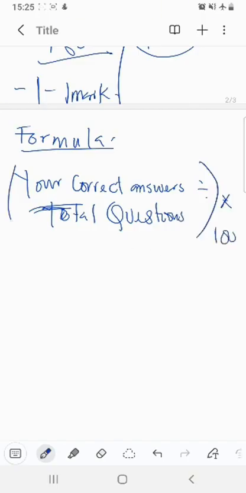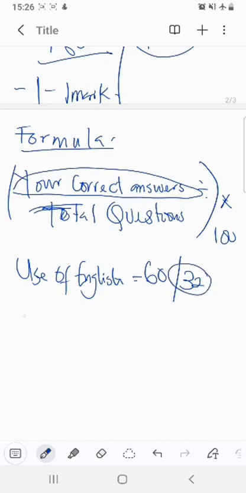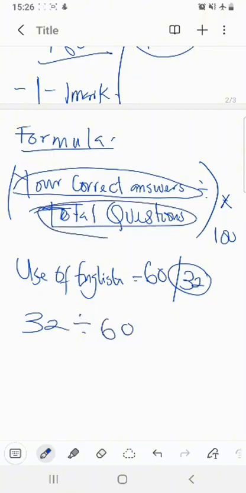Now, let's make use of English an example. Let's say out of the 60 questions in Use of English, you score 32 correctly. So the formula is your correct score, which is 32, divided by 60, which is the total questions, multiplied by 100.